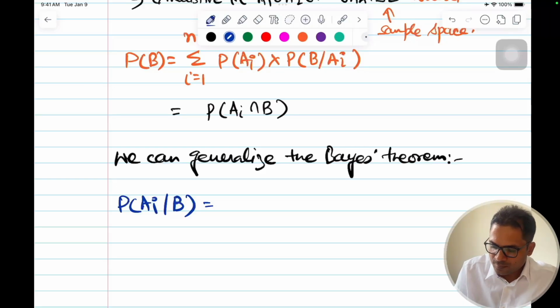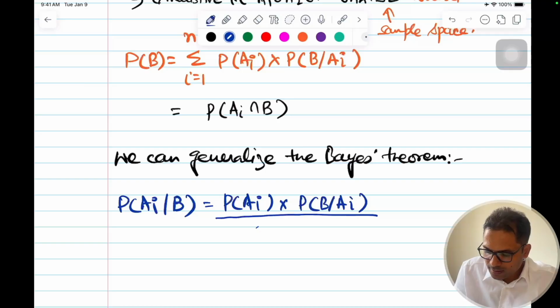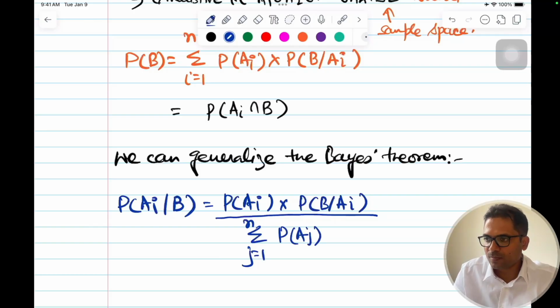It will be probability of A_i times probability of B given A_i, divided by summation over j equal to 1 to n. I'll use another variable in the denominator. The intersection part we'll write using the chain rule: probability of A_j times probability of B given A_j.